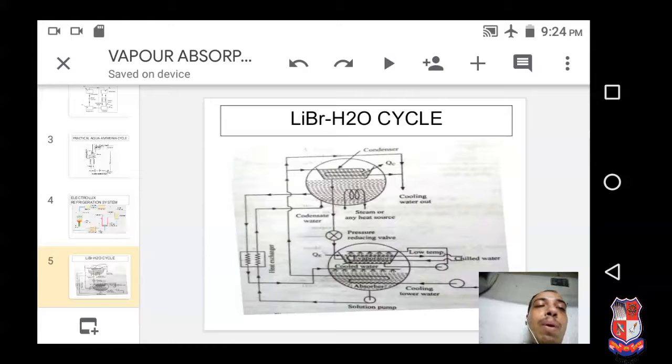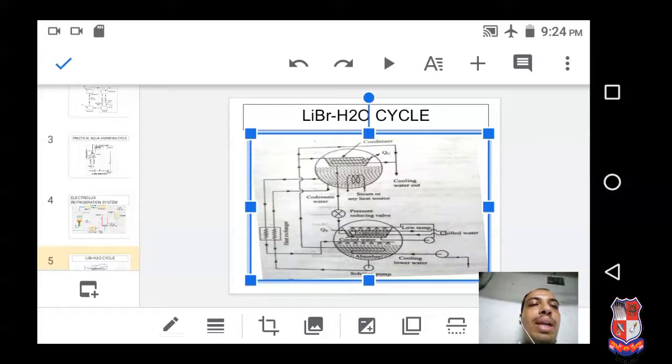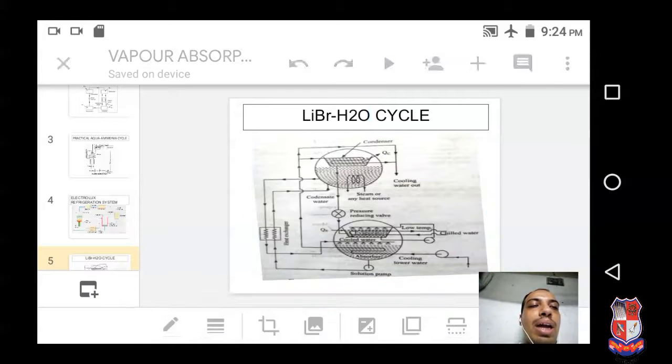Why are the above and below atmospheric pressures provided in different vessels? At above atmospheric pressure, the condenser and generator are provided. The condenser is a phase converting device that always works at higher pressure. As well as the generator, which requires less heat if it is working at higher pressure.